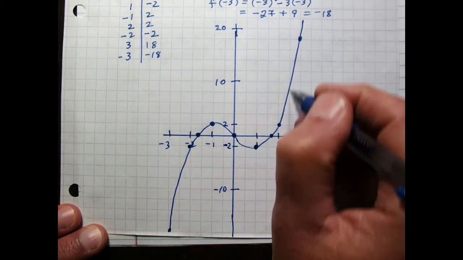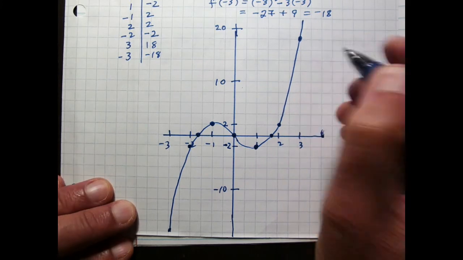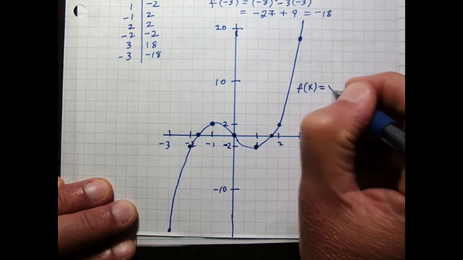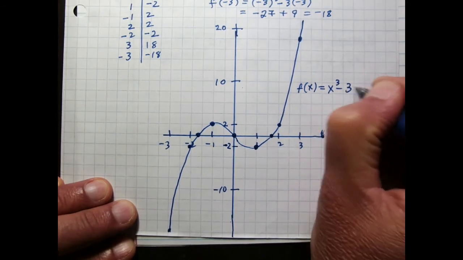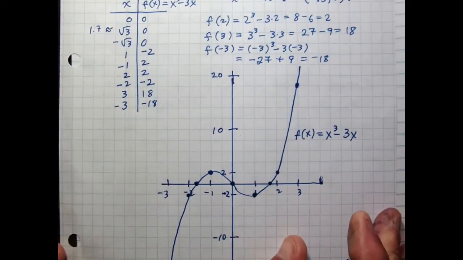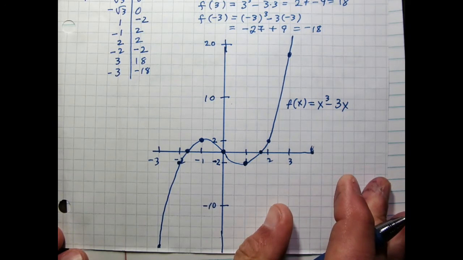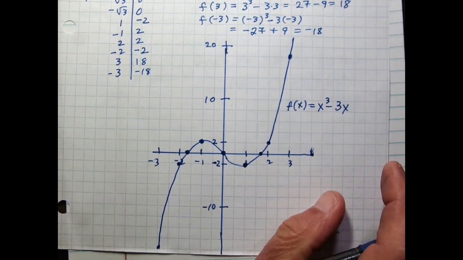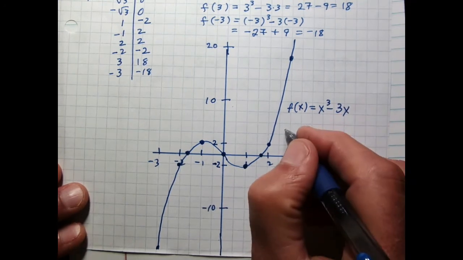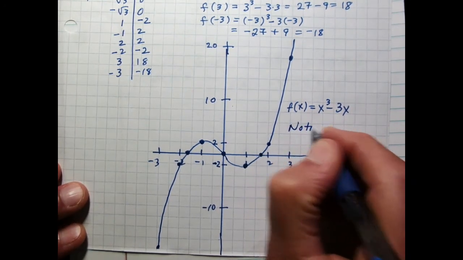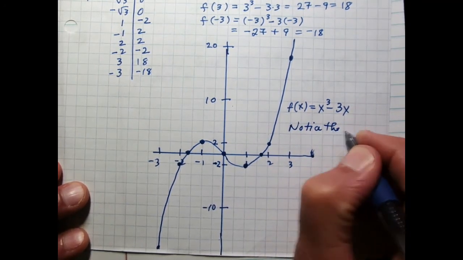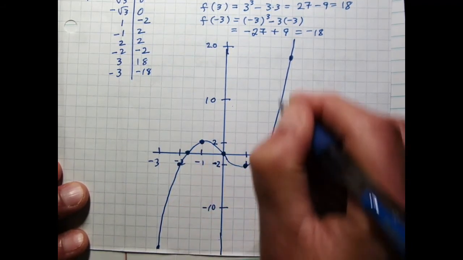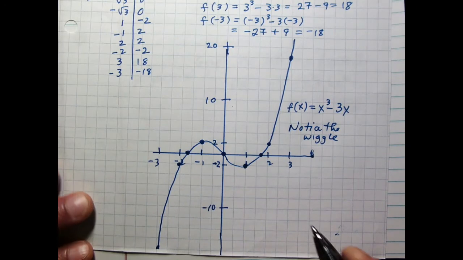Notice how we have this wiggle to it. So let's maybe just write the function name next to this graph. That was x to the third minus 3x. That was actually a third degree polynomial with only 2 terms. So notice the wiggle. And by that I just mean this sort of twisting through the middle.